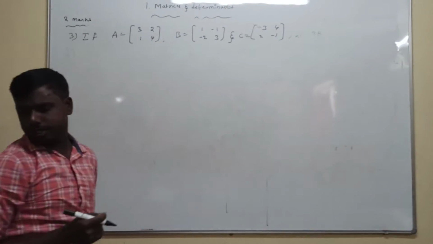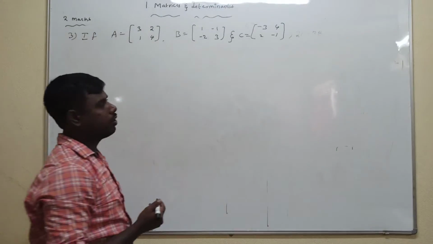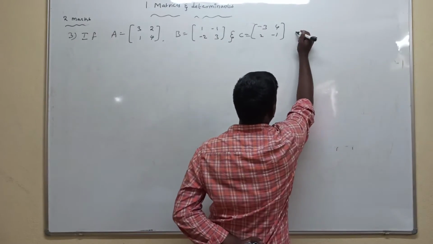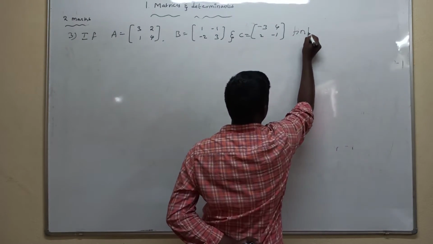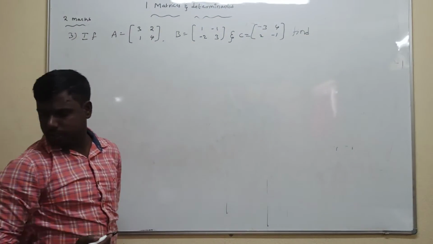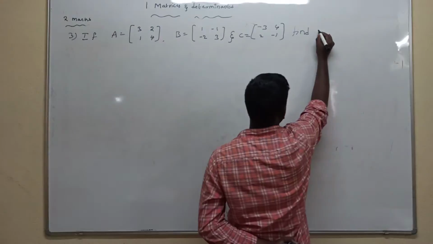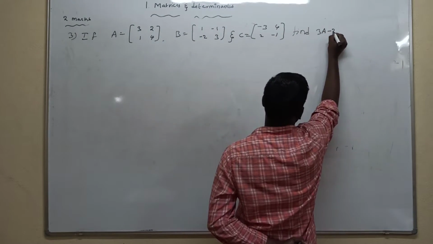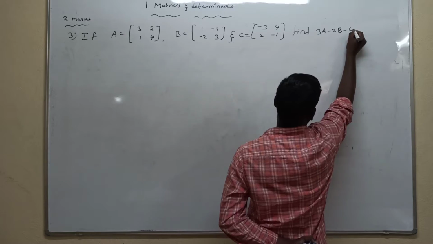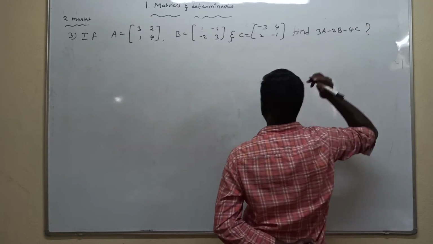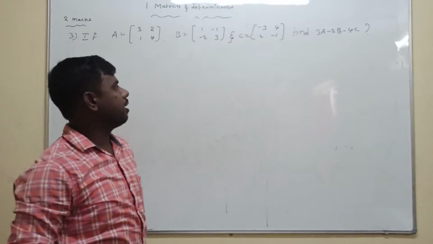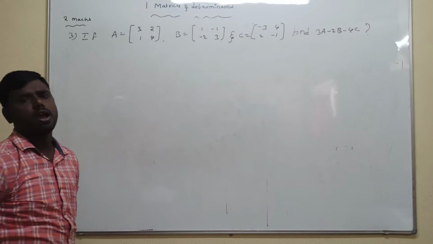Find 3A minus 2B minus 4C. What are we asked? Find the 3A minus 2B minus 4C.